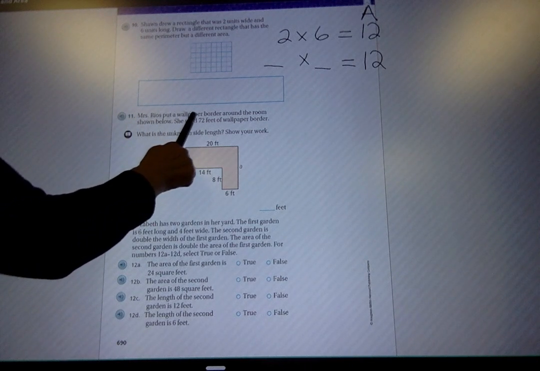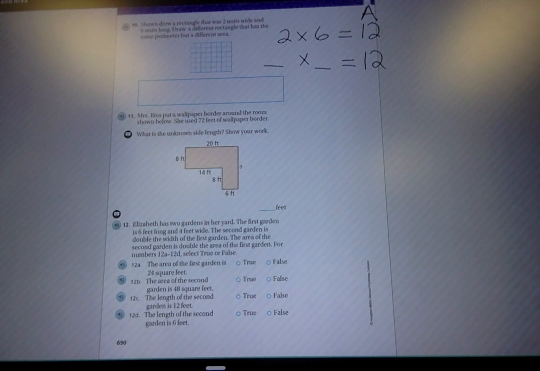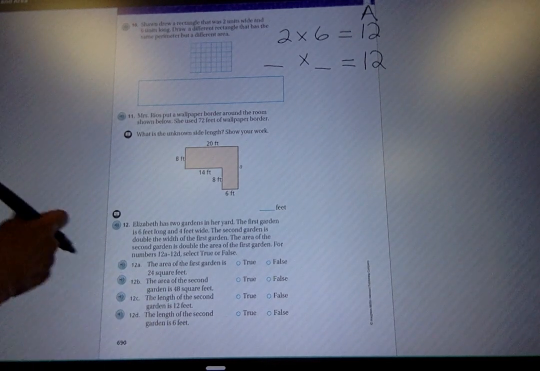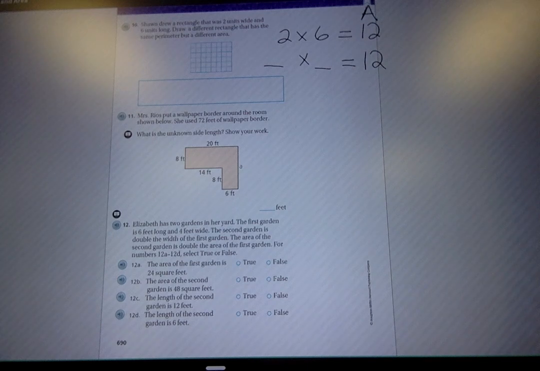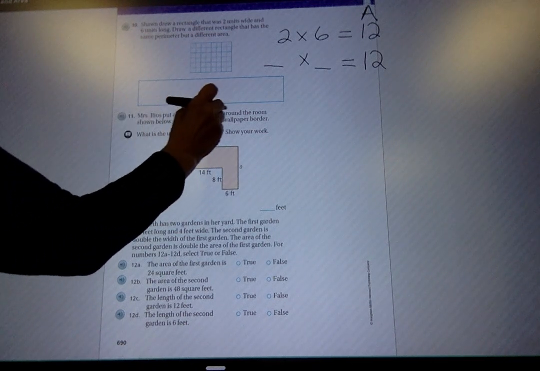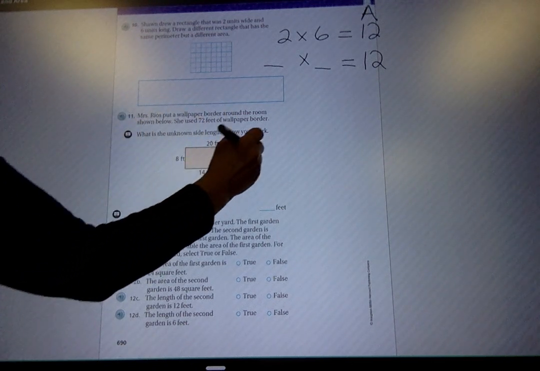Mrs. Rios put a wallpaper border around the room shown below. She used 72 feet of wallpaper border. What is the unknown length? Show your work. Well, we know that when we're doing this outside edge, we're talking about perimeter.